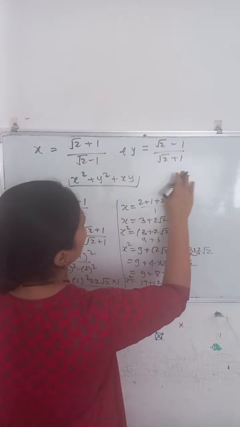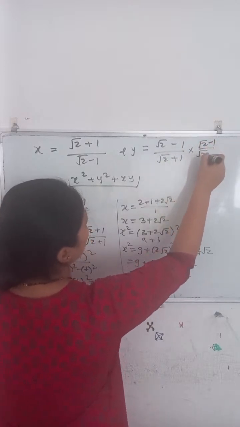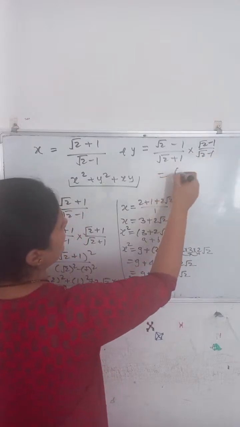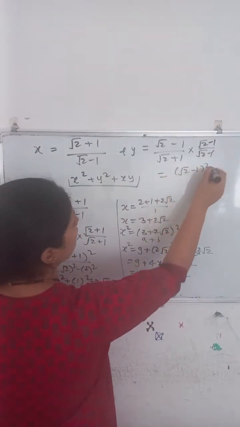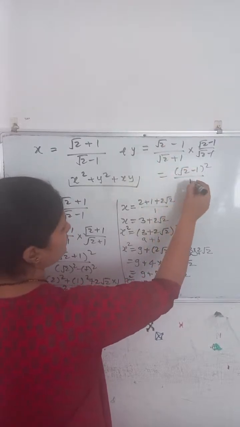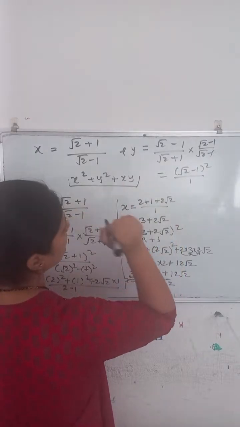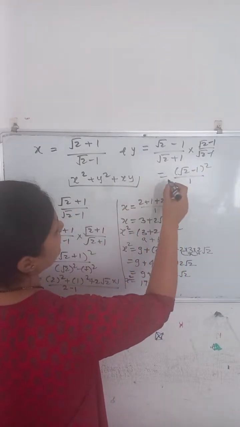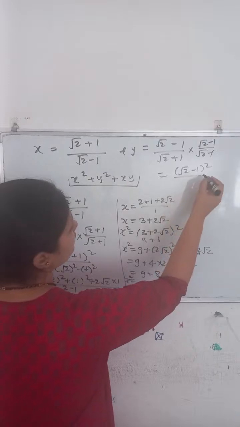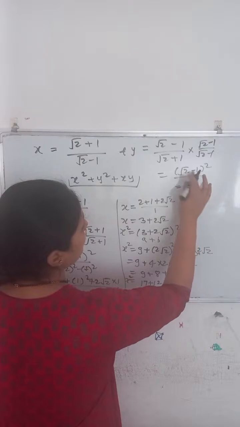Then again y you can rationalize here only. Root 2 minus 1 upon root 2 minus 1. And here (root 2 minus 1) whole bracket square. Root 2 square is 2 and 1 square is 1. So this will become 1. Okay, so here we will get this as y. So if you expand here, 2 minus is there, no?